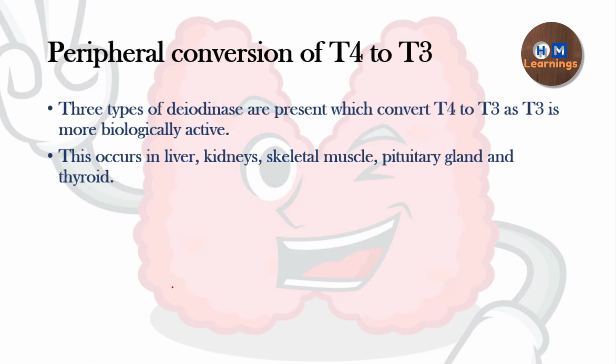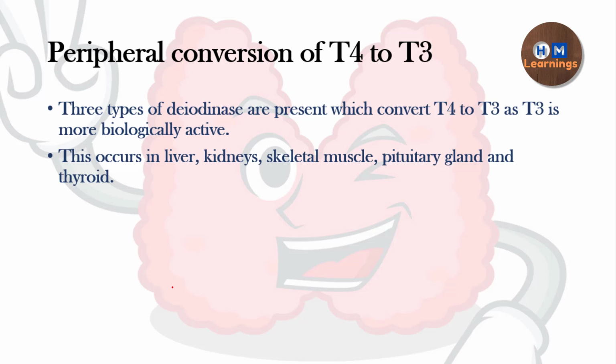Peripheral conversion, a very very important point. What is peripheral conversion? 90% of the thyroid hormone secreted is T4, but still the peripheral organs convert T4 to T3 by the help of a deiodinase. Why? Because T3 is more biologically active. So if T3 is more biologically active, why is the thyroid gland secreting T4 in about 90%?